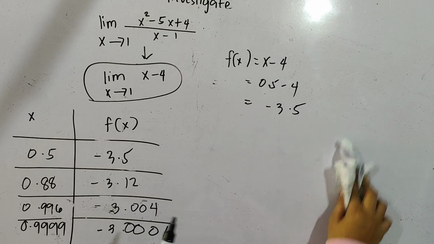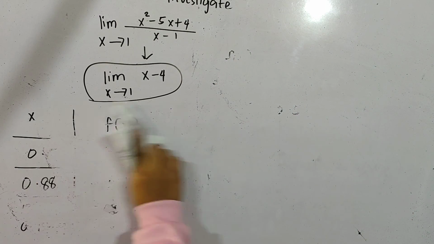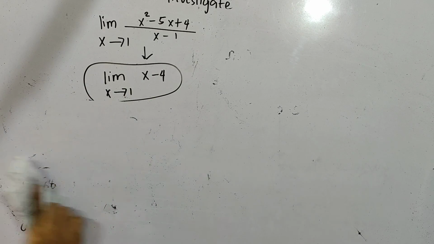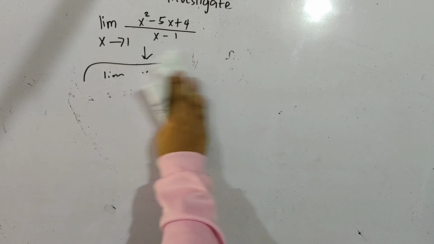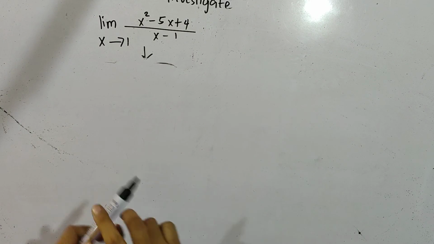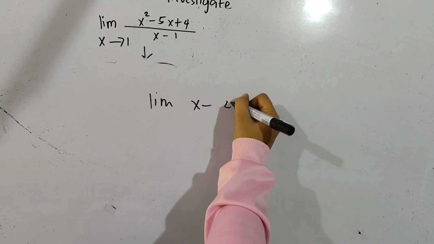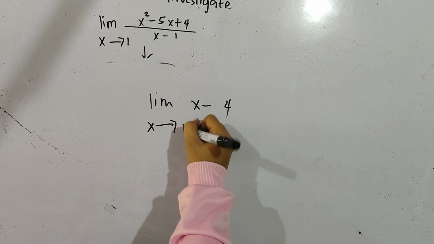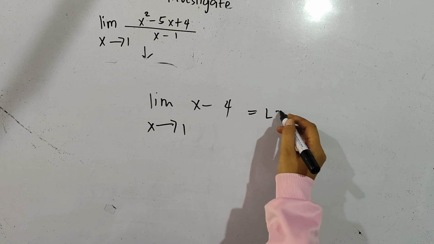Now, let's solve without tables. Kanang substitute diretso. So, ganito, limits of x minus 4 as x approaches to 1 is equals to L. Wala pa yung value ni L, ha?